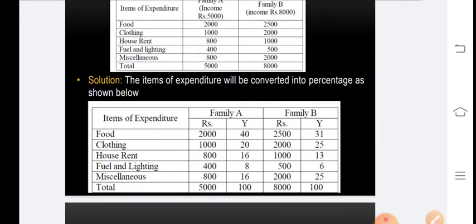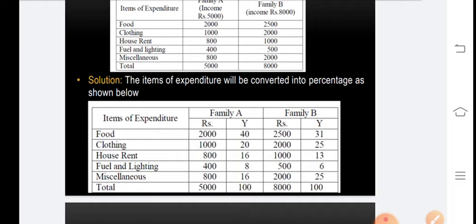Items of expenditure we take as they are, for family A and family B. For family A, food is rupees 2,000, which is 40% of the 5,000 income. So 2,000 divided by 5,000 into 100 gives 40. For B, 2,500 divided by 8,000 into 100 gives 31. For clothing, 1,000 divided by 5,000 into 100 is 20, and for family B, 2,000 divided by 8,000 into 100 is 25. Like this you have to convert into percentages.